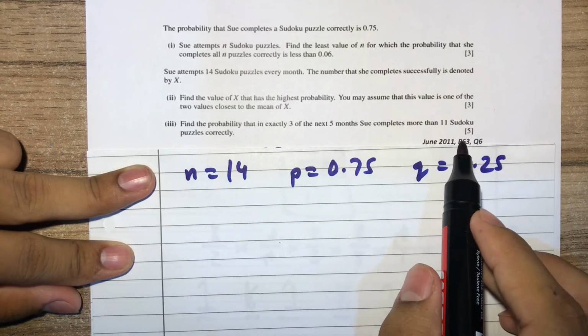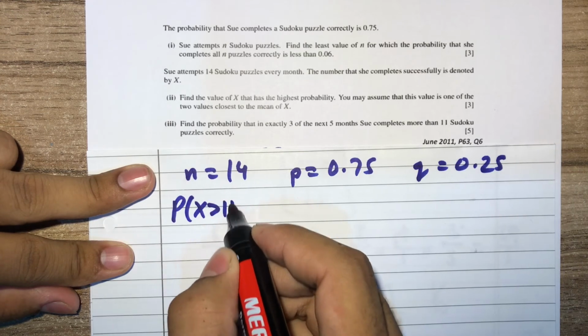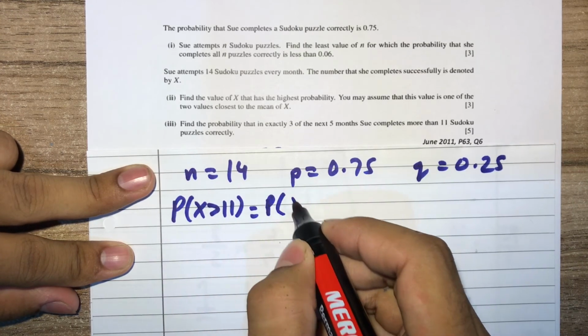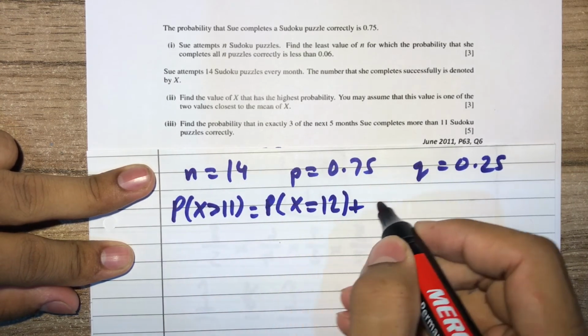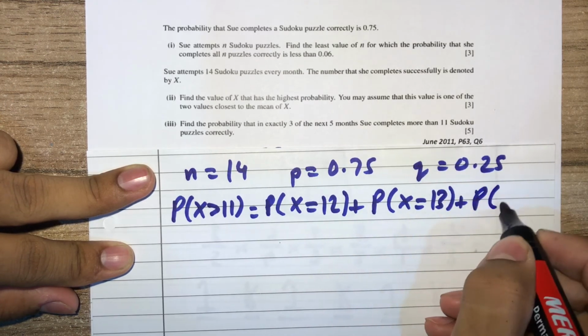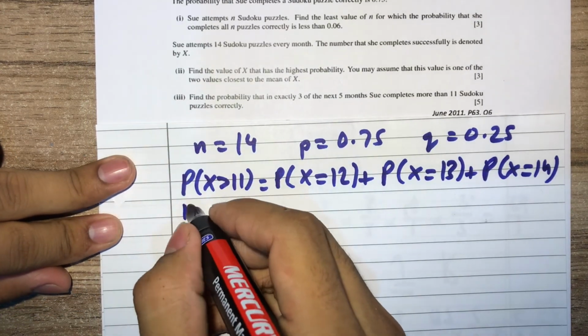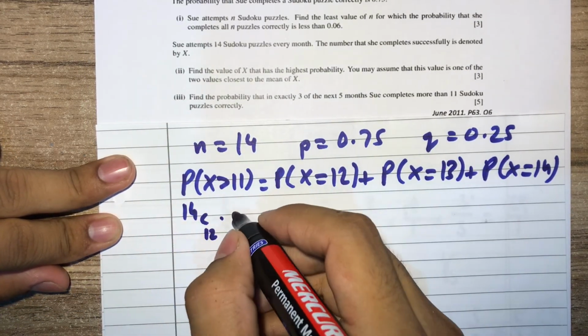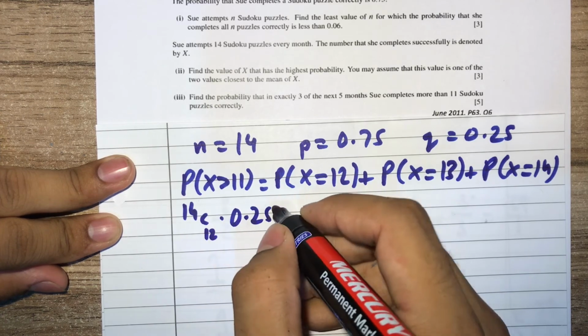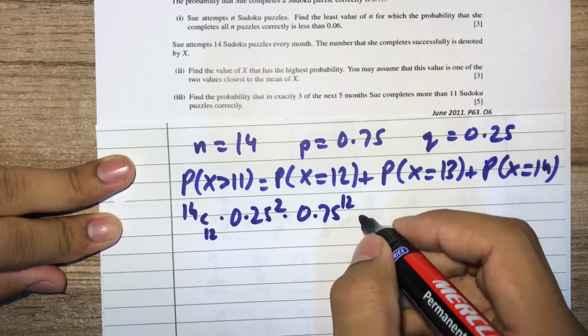Now more than 11 Sudoku puzzles correctly, so P(x greater than 11) equals P(x equals 12) plus P(x equals 13) plus P(x equals 14). So I'll do this quickly. 14C12 times 0.25 power 2 times 0.75 power 12.